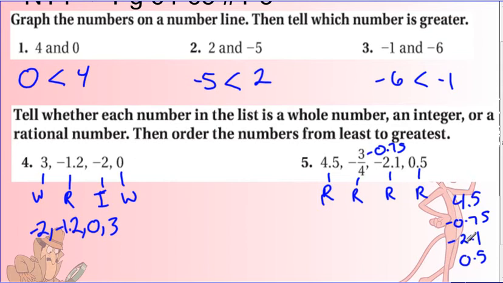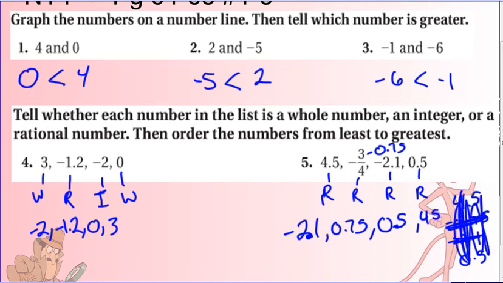Well, -2.1 is smaller than -0.75. So -2.1, and then -0.75. So that takes care of our negatives. Now we've got positives, 0.5 or 4.5. You guessed it, 0.5 is smaller, which makes 4.5 the bigger.